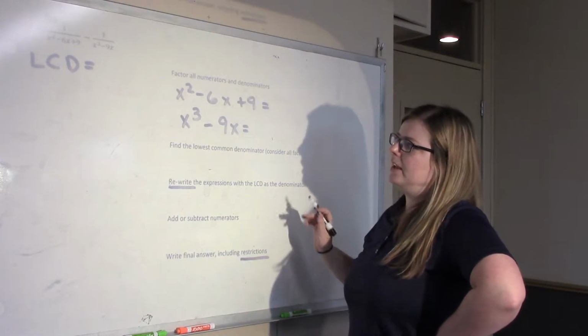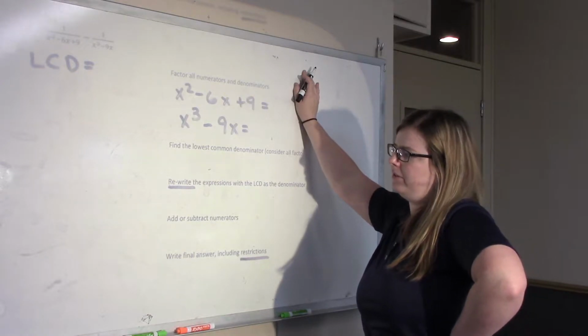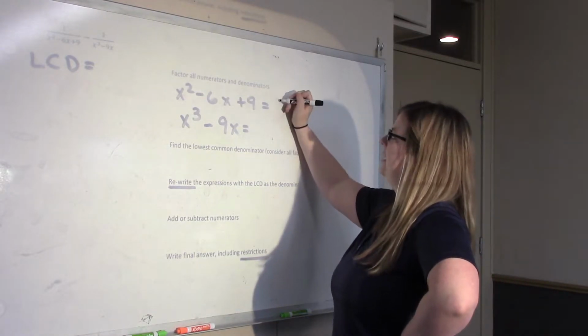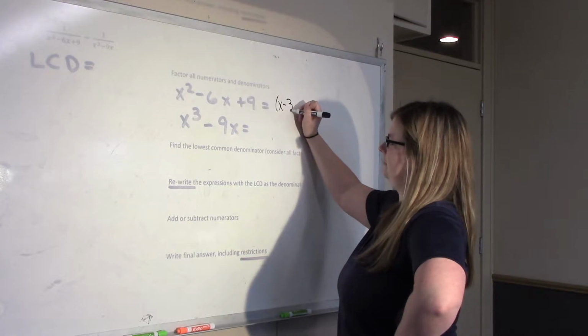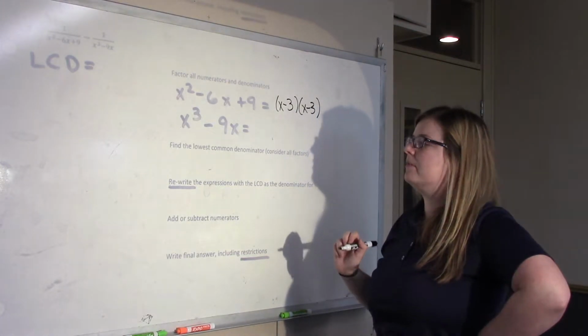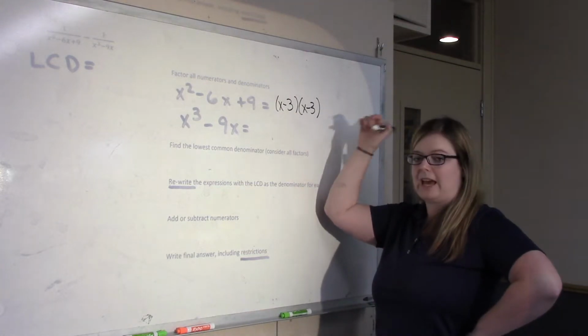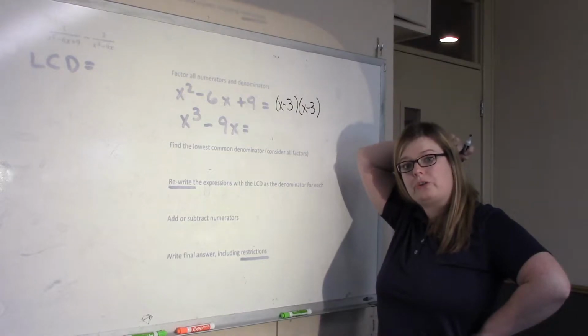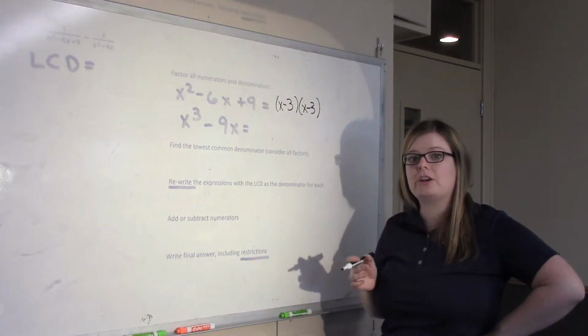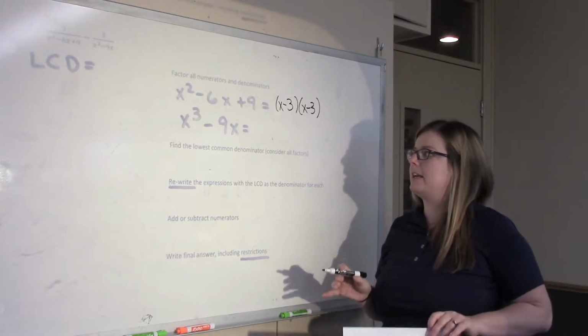So two numbers that multiply to 9 and add to negative 6 are negative 3 and negative 3. Okay, now notice that could have been written as x minus 3 all squared, but I'm actually doing that on purpose to show that there are two x minus 3's in the denominator, so that our lowest common denominator takes that into account and we don't make a mistake.